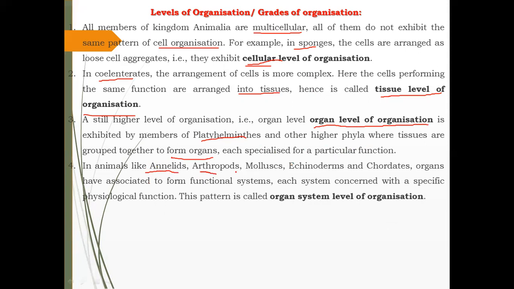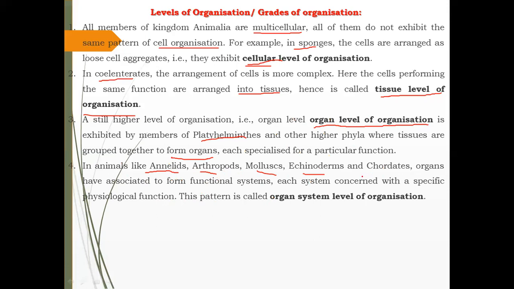In animals like Annelida, Arthropoda, Mollusca, Echinodermata, Chordata, or chordates, organs are associated to form a functional system. Each system is connected with a specific physiological function. This pattern is called organ system level of organization. अभी देखो इधर, after the development of organ level, now it is again a higher taxon or higher phyla, that is animals like Annelida, Arthropoda, Mollusca, or chordates.